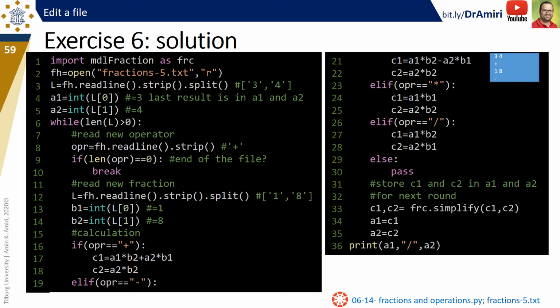And after doing everything, in line 36, we just print A1 and A2 to show the outcome. So what I need you to do is to download this file from Canvas and execute these line by line.